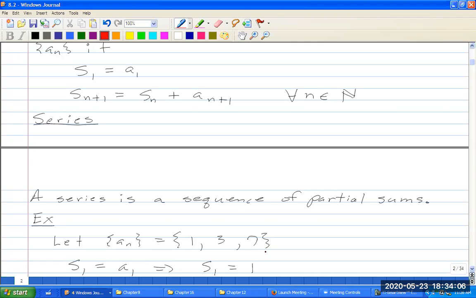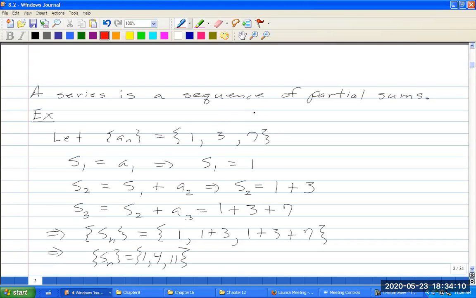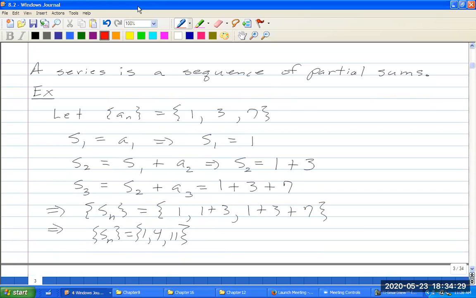And so let A sub n be the following sequence: 1, 3, 7. Let's determine a series from this sequence. Let's determine the sequence of partial sums. And usually we actually call the last one the series.